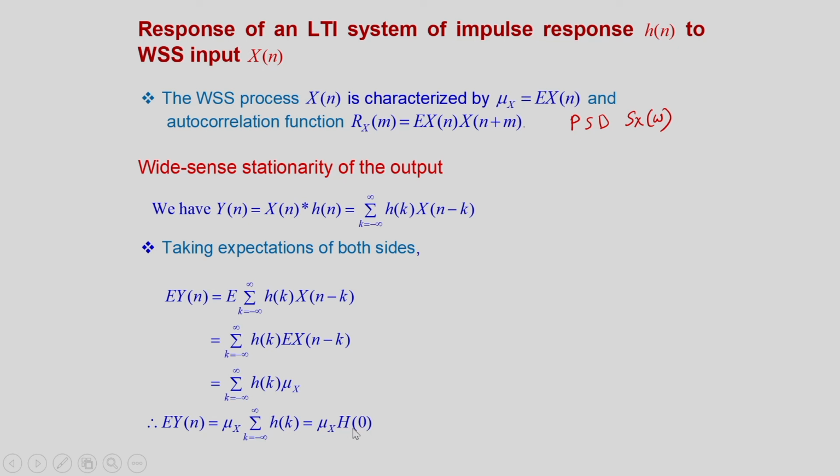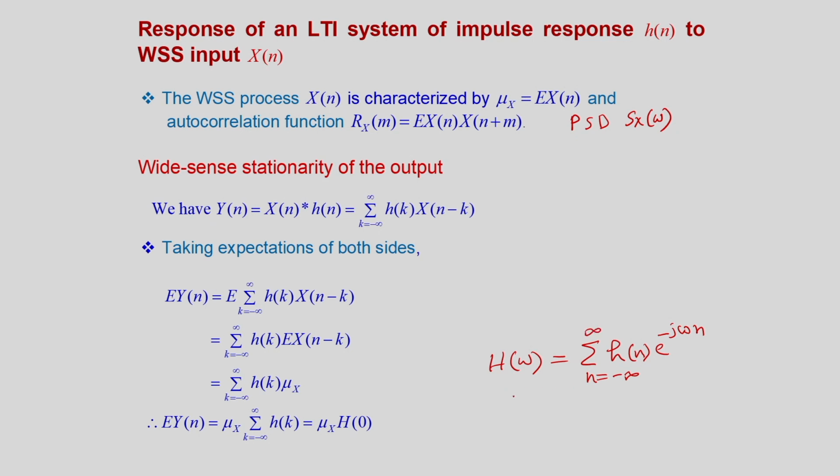How? Because we can write, suppose we have H(omega) is equal to summation h[n] into e to the power minus j omega n, n going from minus infinity to plus infinity.